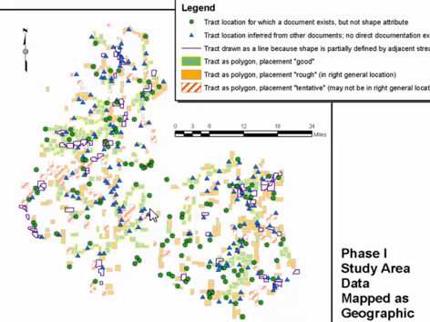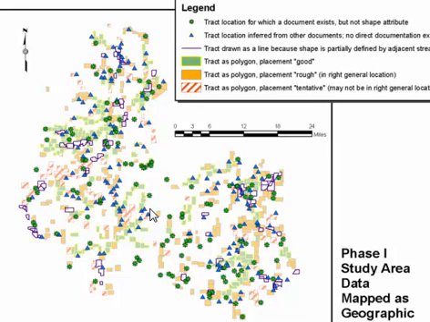The other ones are represented by type of shape. In other words, if there was a stream or a river and the survey said it goes this way and then it goes down the stream, then I drew it as a line, and that's what you see here, the purple outlines.